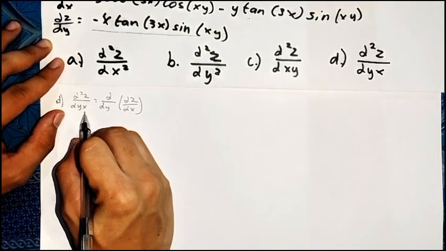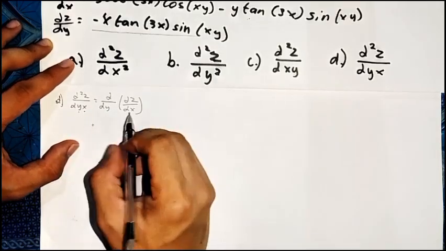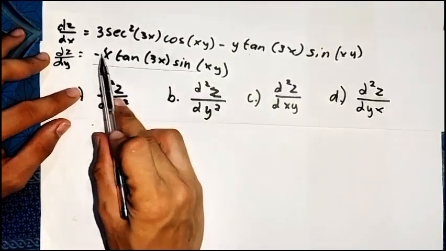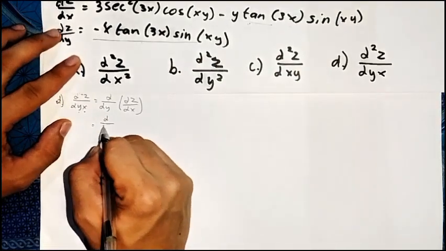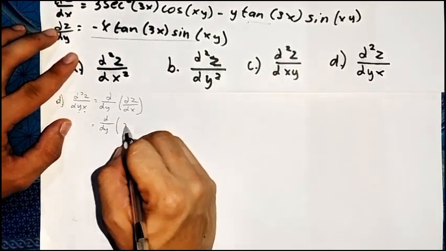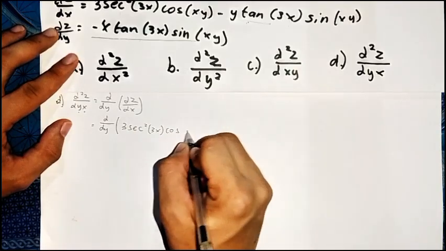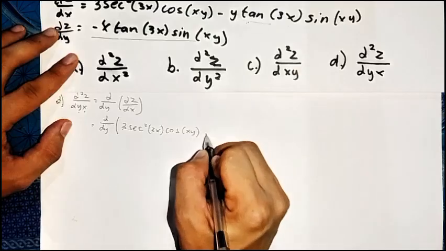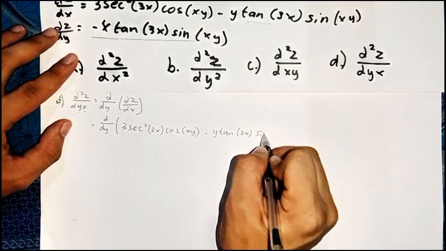Since we derive first with respect to x, next is with respect to y, right? So partial z with respect to x is this. Let's copy that one: 3 secant squared 3x cosine xy minus y tan 3x sine xy.